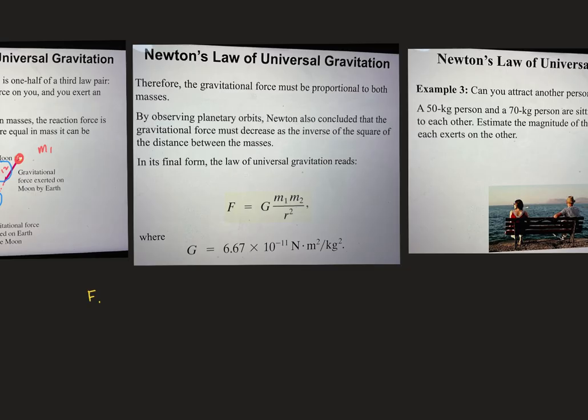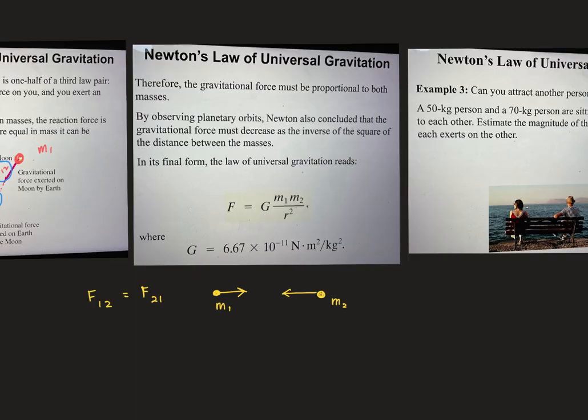So first of all, I called one F12 and the other one F21. They actually are equal in magnitude. If you are wondering about the differences, if you have this as M1 and M2 over here, then they are pointed in different directions. One is in the leftward direction, the other one is in the rightward direction.